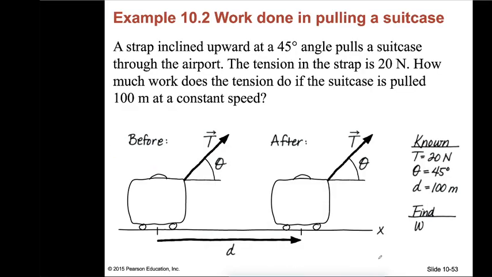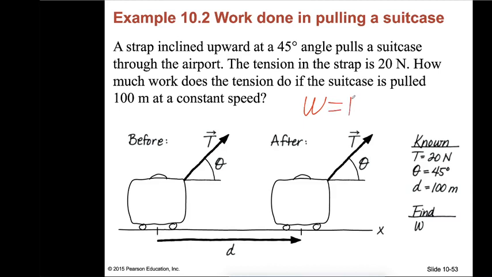Now let's solve another problem. A strap inclined upward at a 45 degree angle pulls a suitcase through the airport. The tension is 20 Newton. How much work does the tension do if the suitcase is pulled 100 meters at a constant speed? Let's calculate the work.